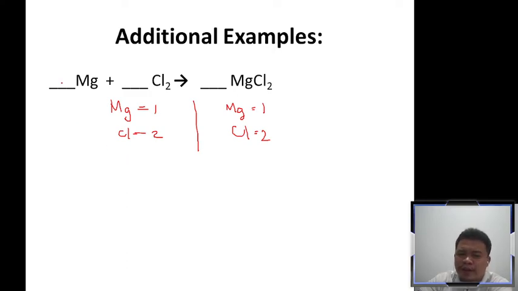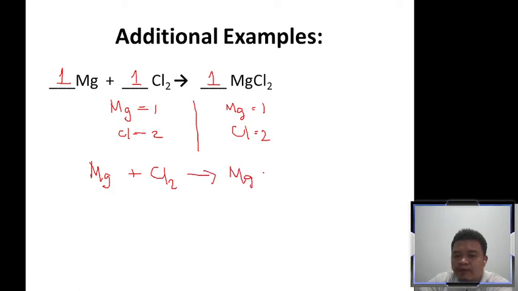If in the exam there's a blank here, all you need to do is supply it with a coefficient of 1. But anyway, by writing it as it is, it is already understood that there is a coefficient of 1 beside that. So our final answer will be Mg plus Cl2 yields MgCl2.